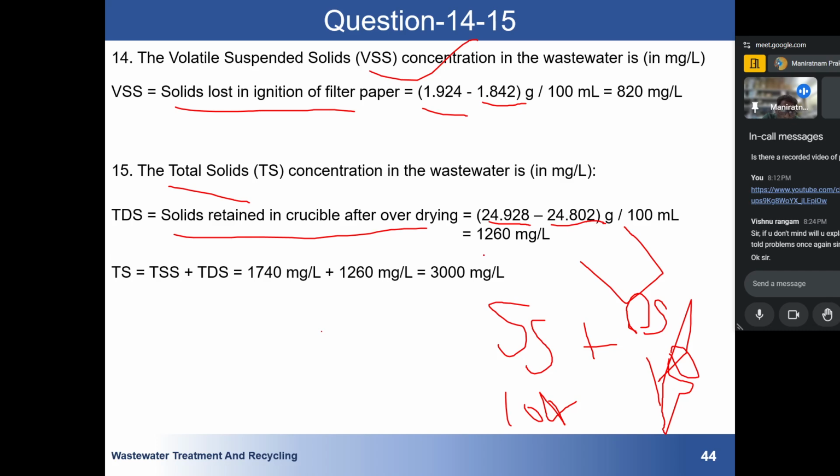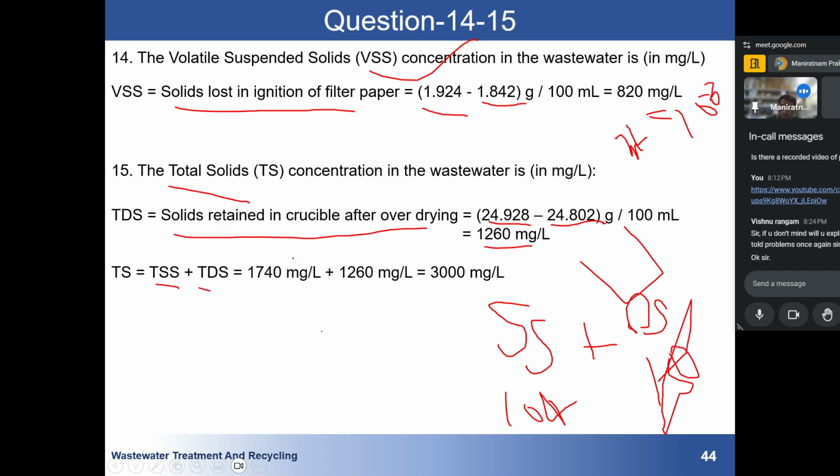The difference between these two will be this much, divided by 100 ml, and I have converted it into liters. Remember, 1 ml is equal to 10 to the power minus 3 liter. Okay, so the total solid will be total suspended solid plus total dissolved solid.